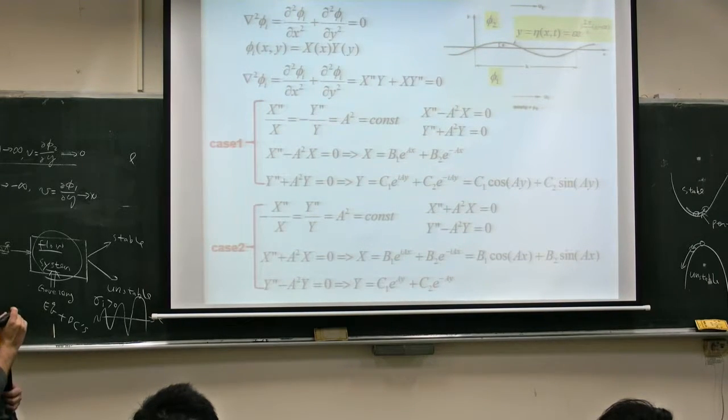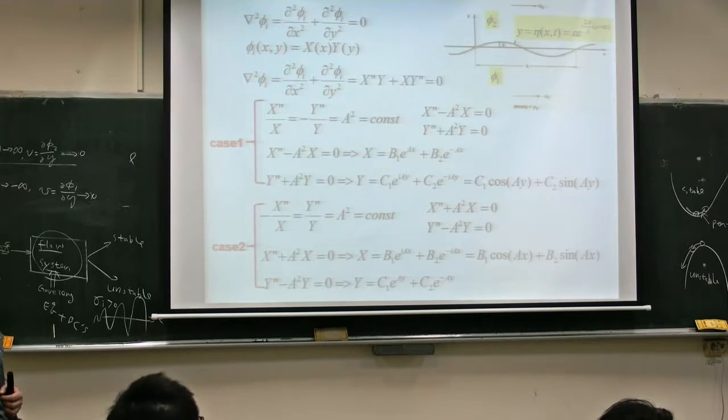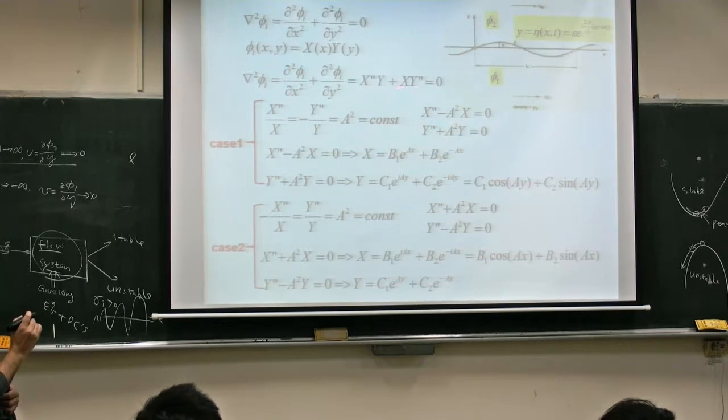Okay, and you have case 1 and case 2 to discuss. For example, I change it to become like this. X double prime over X equal to minus Y double prime over Y equal to a squared. This is a constant. Okay, I can evaluate this.